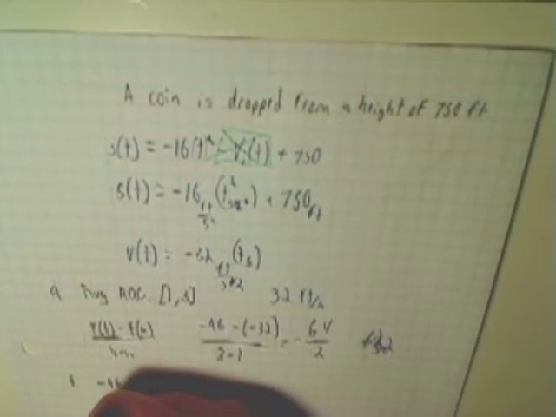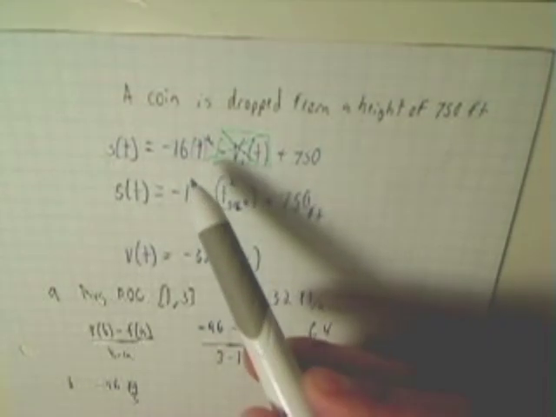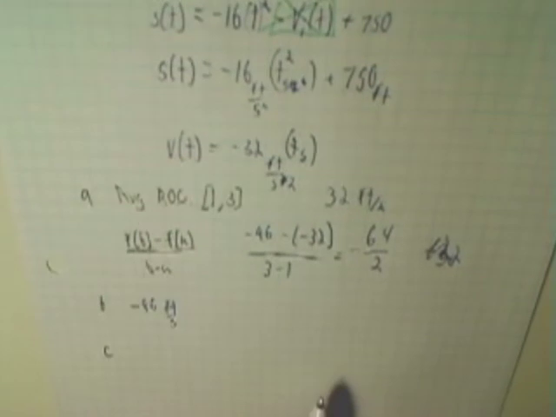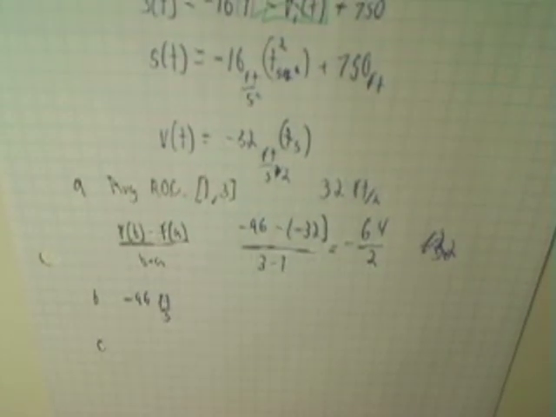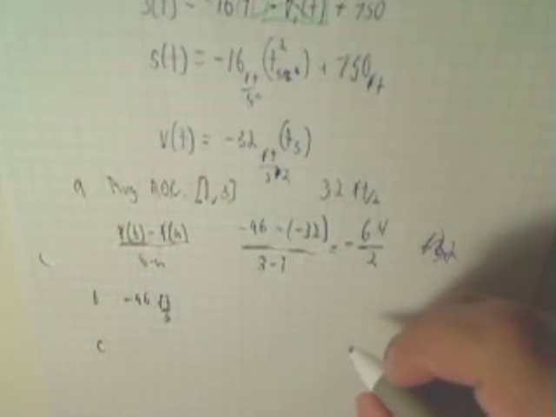Part C asks for the velocity when the coin hits the ground. So, we first need to find where s of t equals 0. We can solve this by setting our position function to 0.